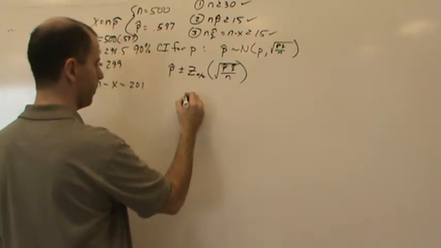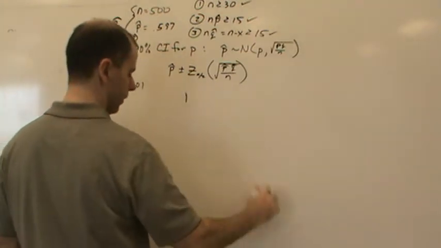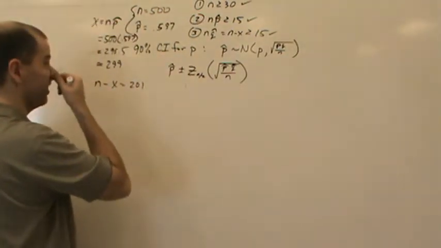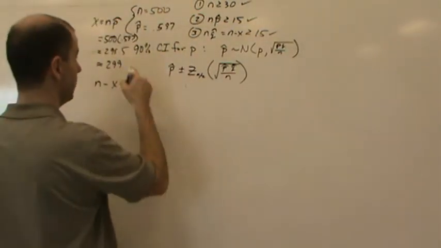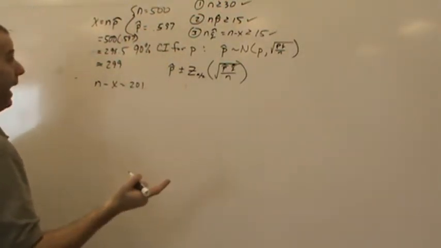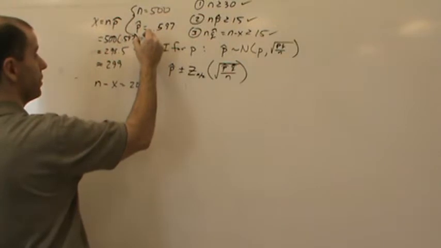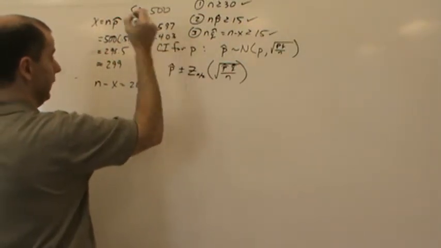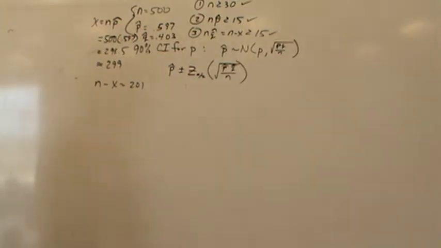So if we use the formula, which is this, then all we have to know is what is p hat. In this case, we know p hat. It's 0.597. And so we know q hat, which is, what is q hat? Well, q hat is going to be equal to 0.403, 1 minus p hat.